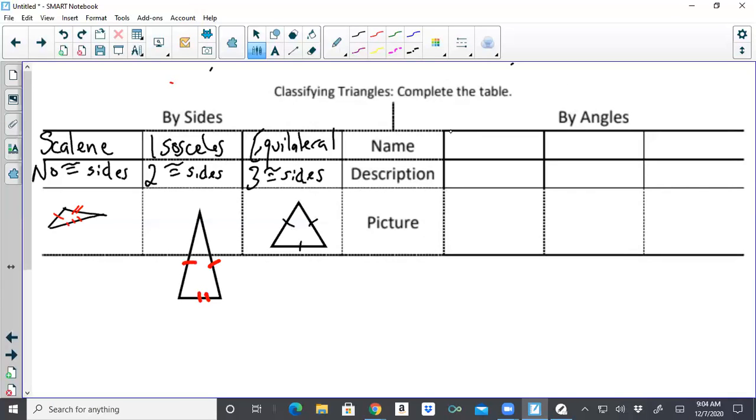All right, by angles, here's how you can classify them by angles. You can say that they are acute. So you can say it is acute, you can say it is right, or you can say it is obtuse. Now you already know what all of these mean, okay? This one means all angles less than 90 degrees.